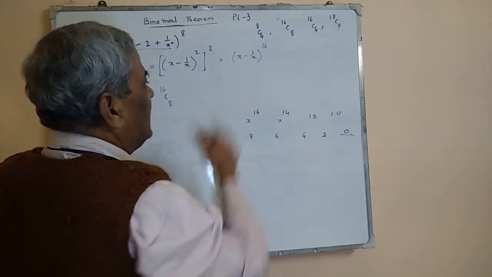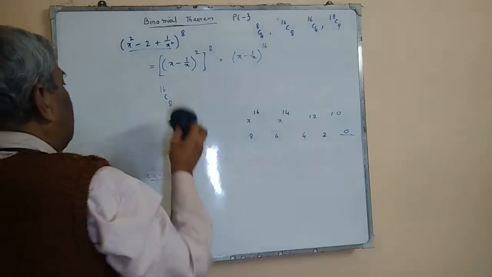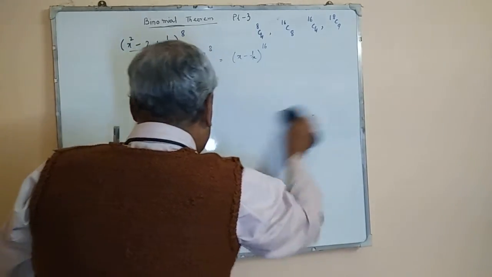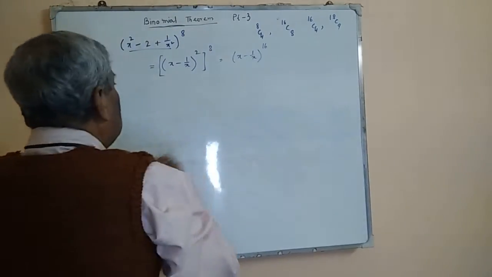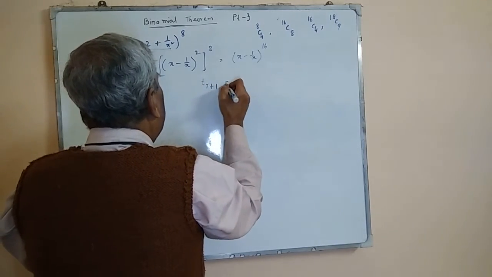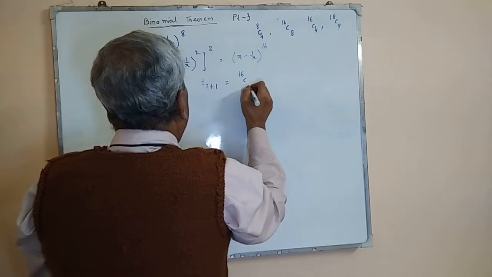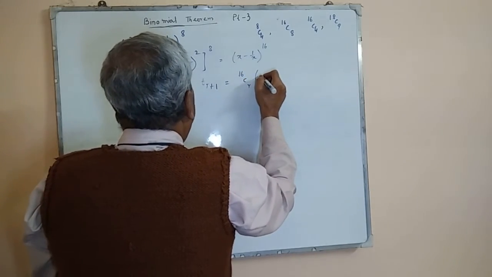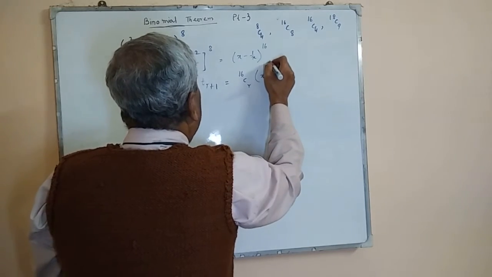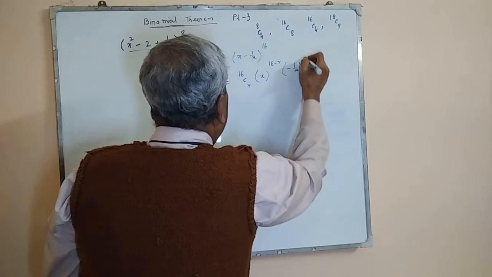Straight cut method is that from here we say that r plus 1th term is independent of x. Therefore, T(r+1) is equal to 16cr into x to the power 16 minus r into minus 1 upon x to the power r.